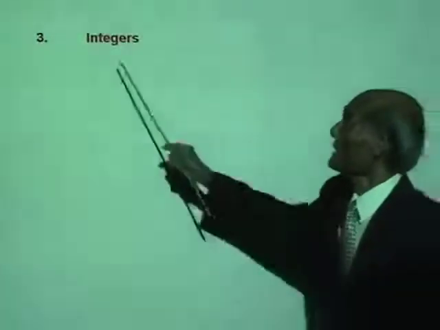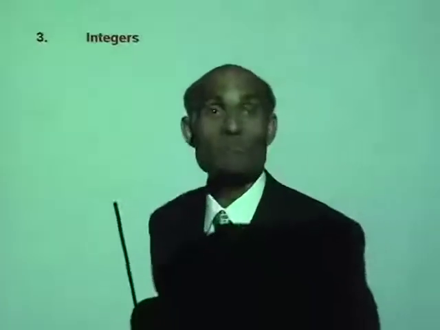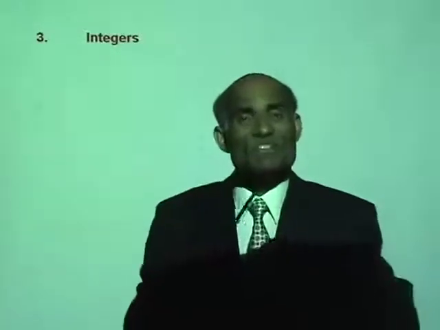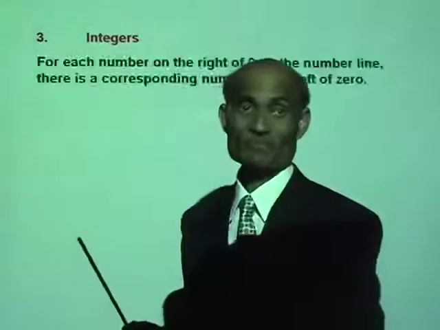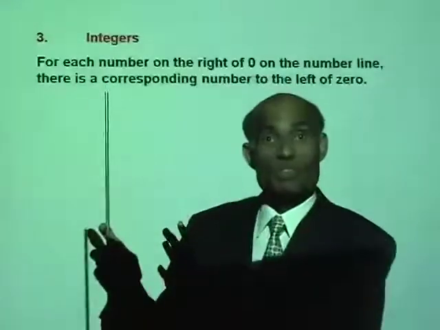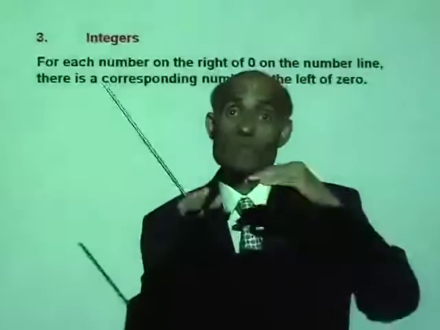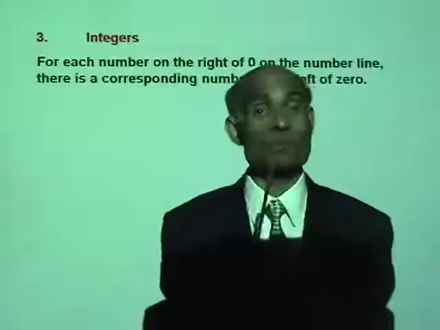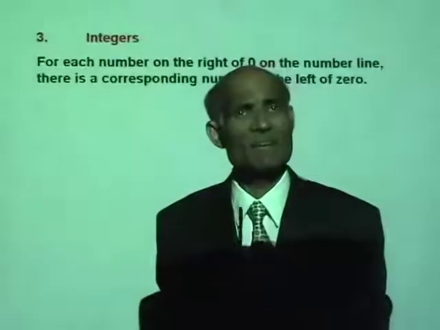Okay, the third type of numbers is called integers. What is the set of integers? For each number on the right of 0 on the number line, there is a corresponding number to the left of 0. Do you understand that?